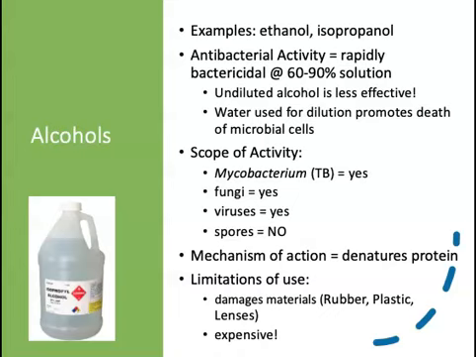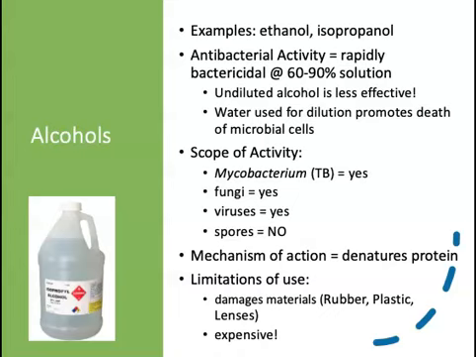Now, one of the things we'll talk about for each of these classes of disinfectant chemicals is what we call their scope of activity. Essentially, that is a measure of which particular types of microbes it's effective against. One of the most concerning pathogens in healthcare environments is the one that causes tuberculosis. As we've talked about, the Mycobacterium tuberculosis organism secretes a waxy substance called mycolic acid out around itself and makes itself more resistant to things like disinfection.